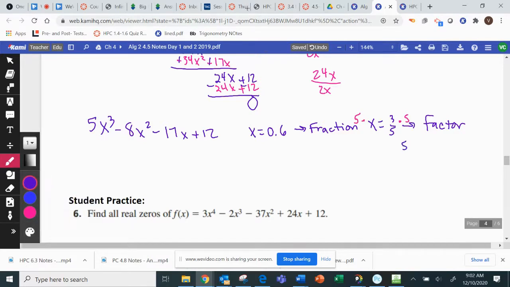And I'm going to get 5x equals 3. Then I'm going to subtract the 3. And I'm going to get 5x minus 3 equals 0. So our factor is 5x minus 3.